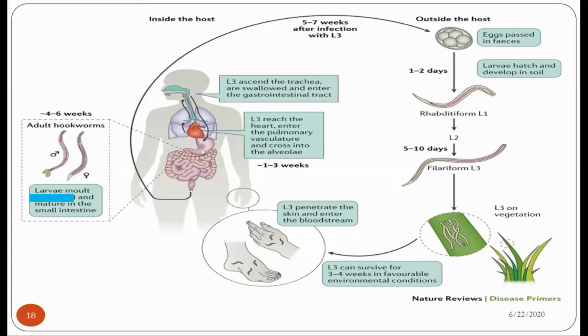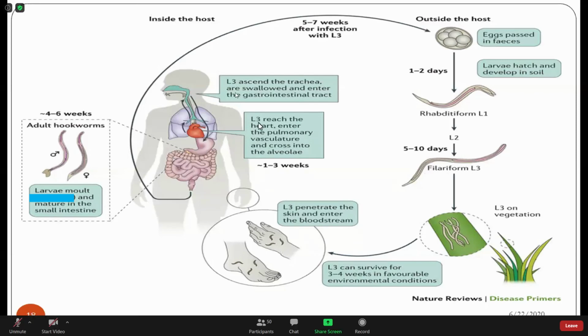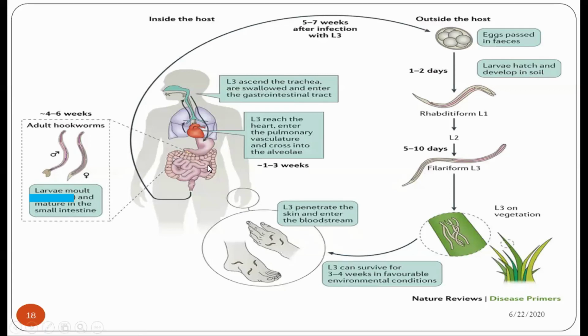From the esophagus, it goes to its natural habitat, that is the small intestine. In the small intestine, they mature into adult male and female worms.